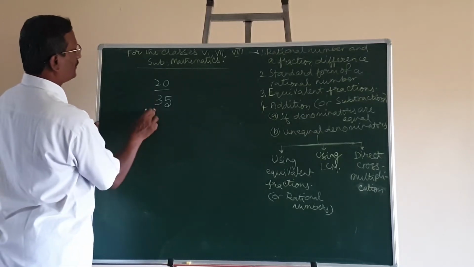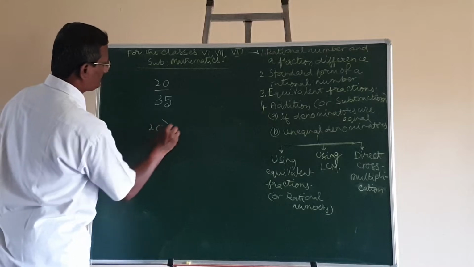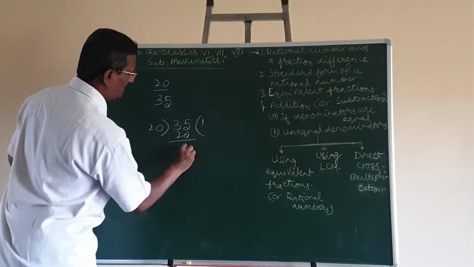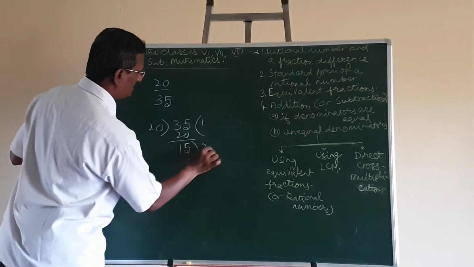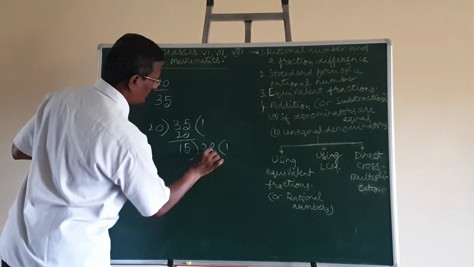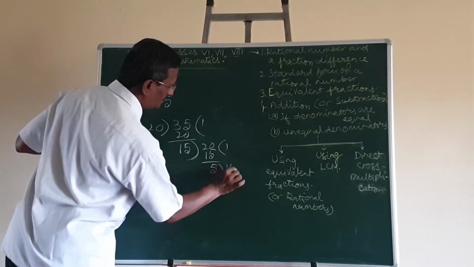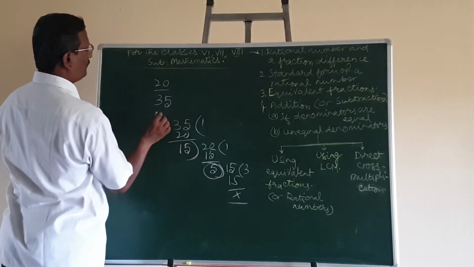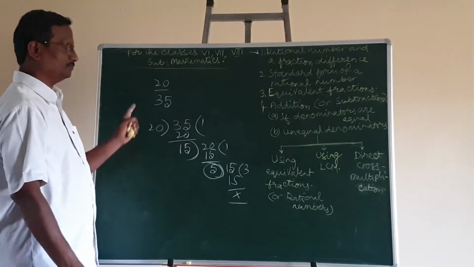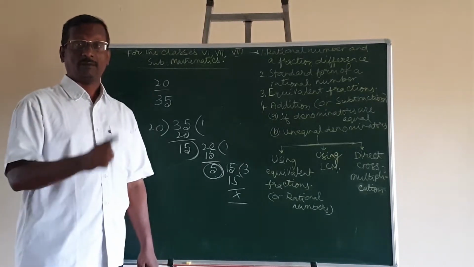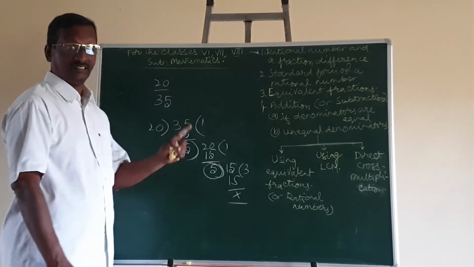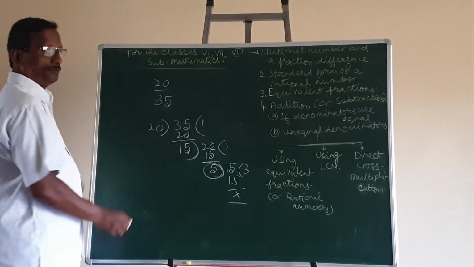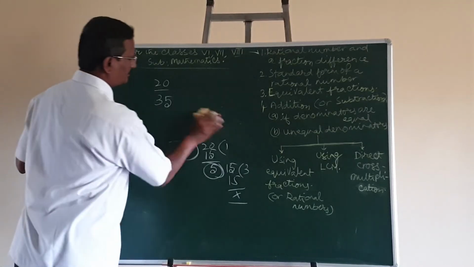HCF of 20, 35. 20 goes into 35 one time, remainder 15. 15 goes into 20 one time, remainder 5. 5 goes into 15 three times. HCF of 20, 35 is 5. Therefore, the largest common factor that can be cancelled is 5. So, with this 5, we have to divide the numerator and denominator.